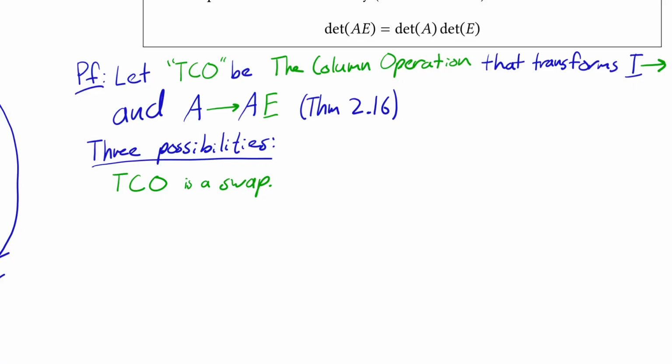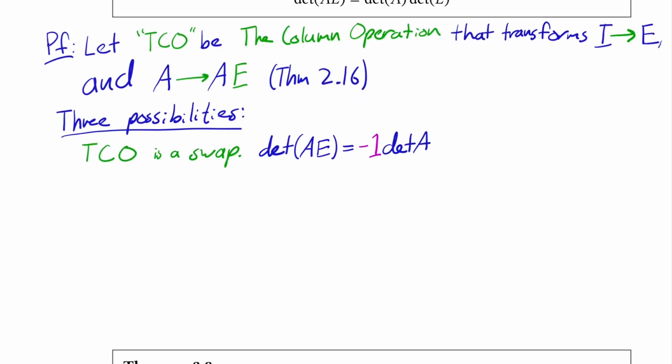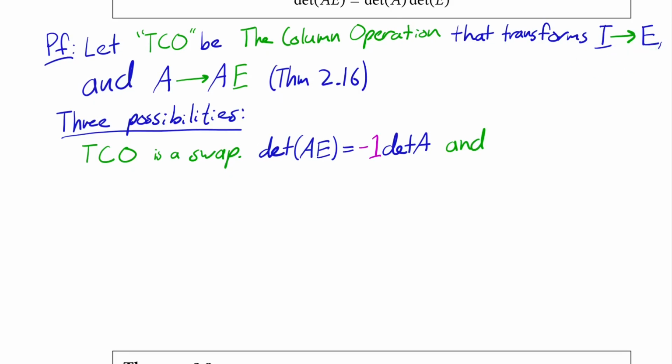In that case, we know from the antisymmetry theorem that the determinant of AE is going to be equal to -1 times the determinant of A, because AE is the result of swapping two columns of A by Theorem 2.16. And in that case, we also know that that same swap turns the identity matrix into E.